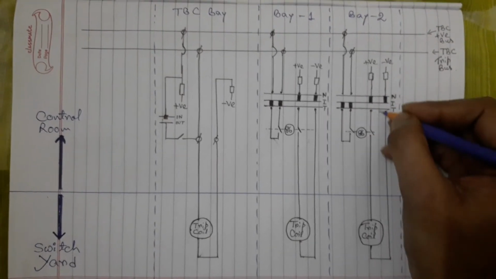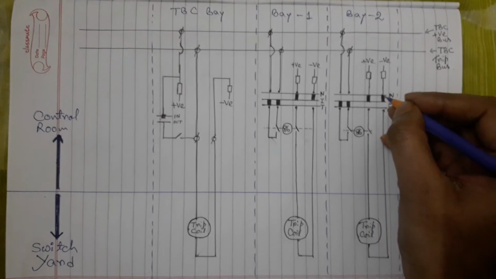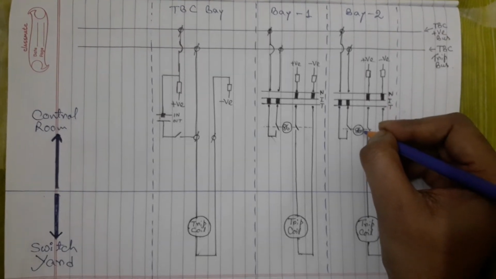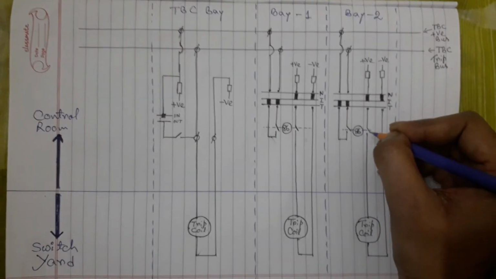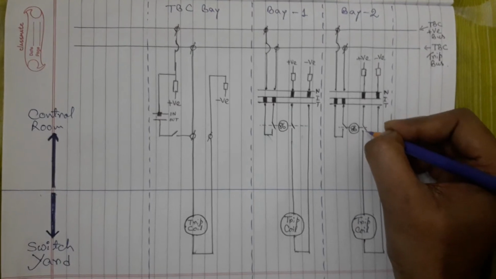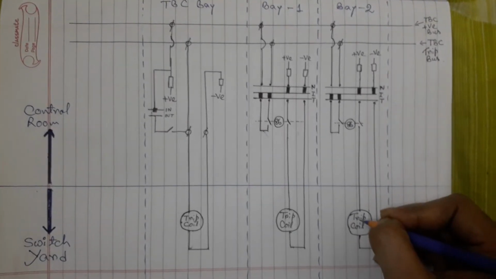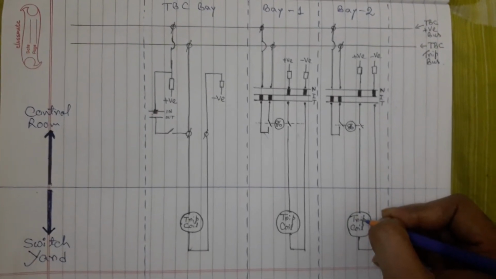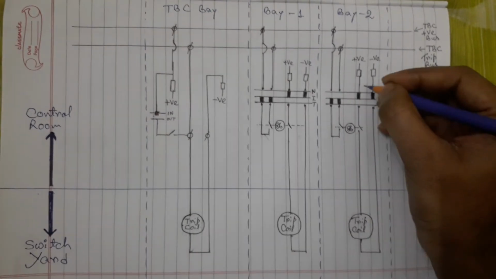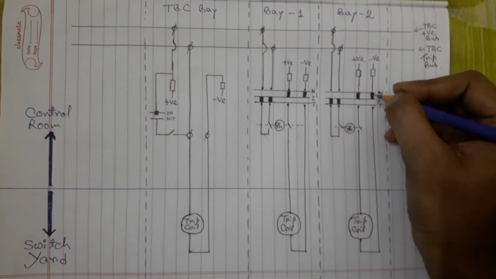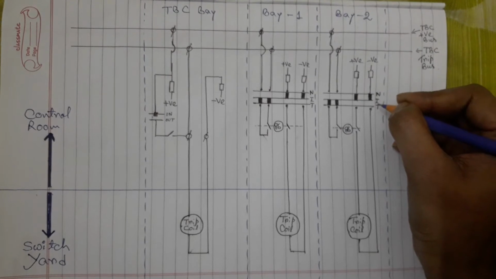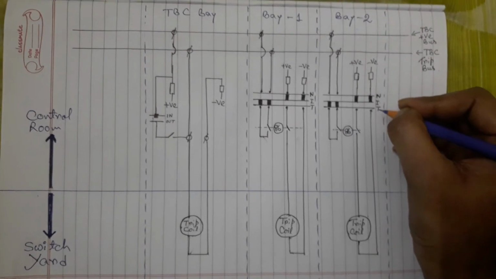Then if a fault occurs and this 86 operates, in spite of making of this contact, this trip coil will not get energized and this breaker will not trip, because this path is now discontinued as this switch is in the transfer position.